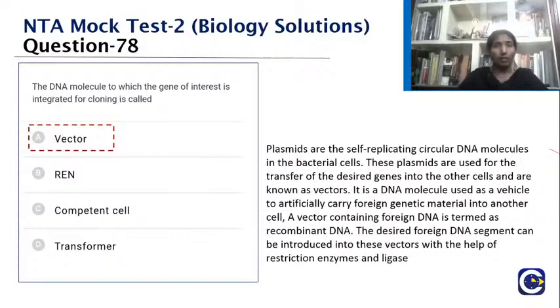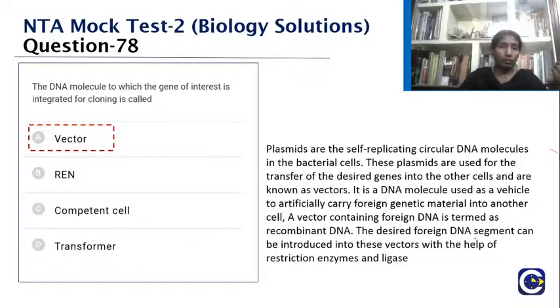We use plasmids for transferring the desired gene into another cell as vectors. We have Agrobacterium tumefaciens, no? So it is a DNA molecule used as a vehicle to carry foreign genetic matter into another cell. That vector containing foreign DNA is what we call the recombinant DNA.